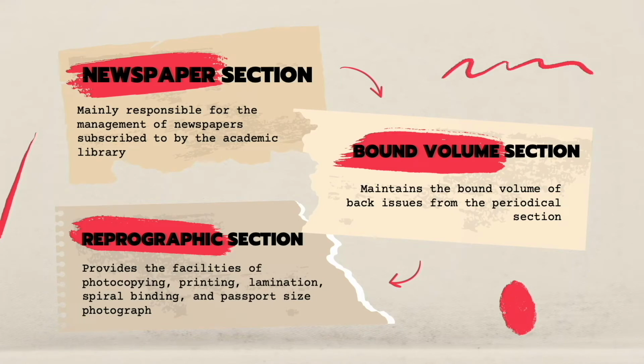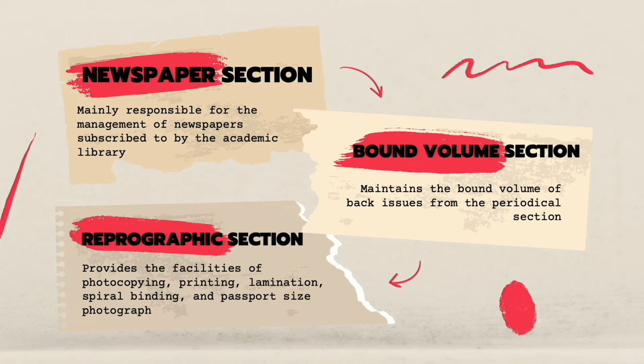Some academic libraries also have sections like the newspaper section, bound volumes section, and the reprographics section. The newspaper section is mainly responsible for the management of newspapers subscribed to by the academic library. The bound volumes section maintains the bound volumes of back issues from the periodical section.